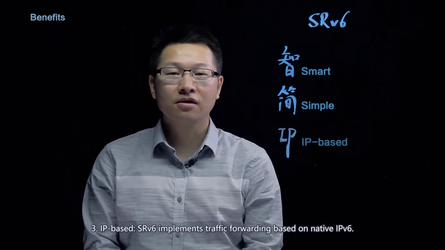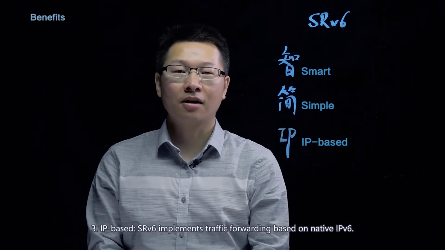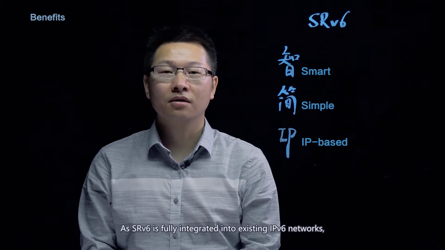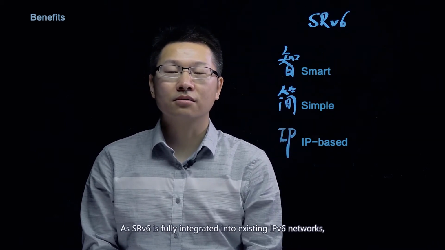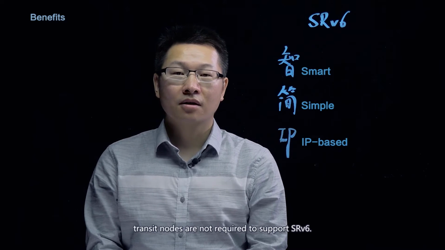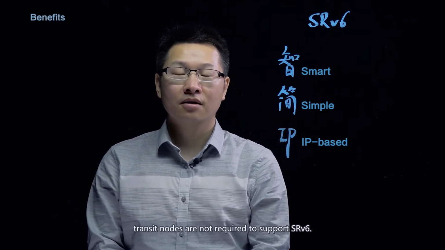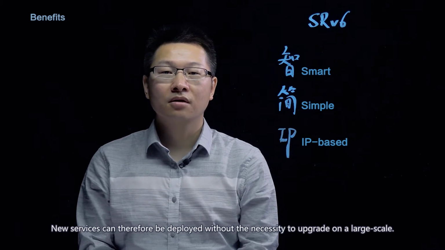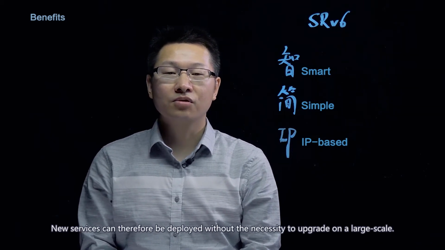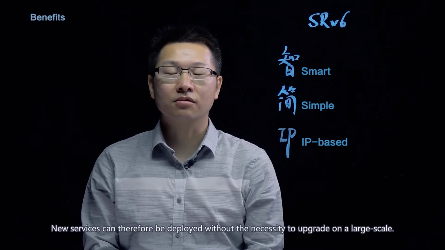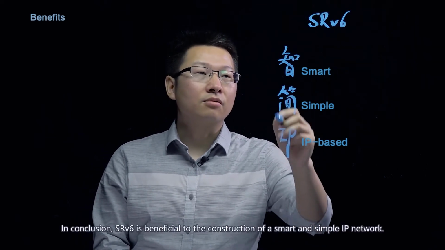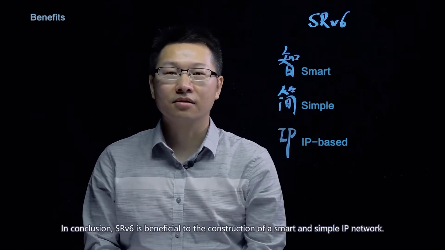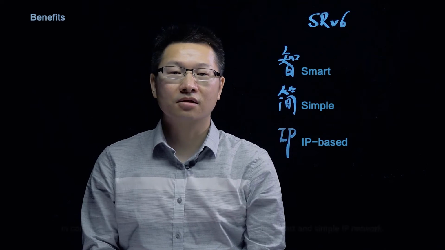SRv6 implements traffic forwarding based on native IPv6. As SRv6 is fully integrated into existing IPv6 networks, transit nodes are not required to support SRv6. New services can therefore be deployed without the necessity to upgrade on a large scale. In conclusion, SRv6 is beneficial to the construction of a smart and simple IP network.